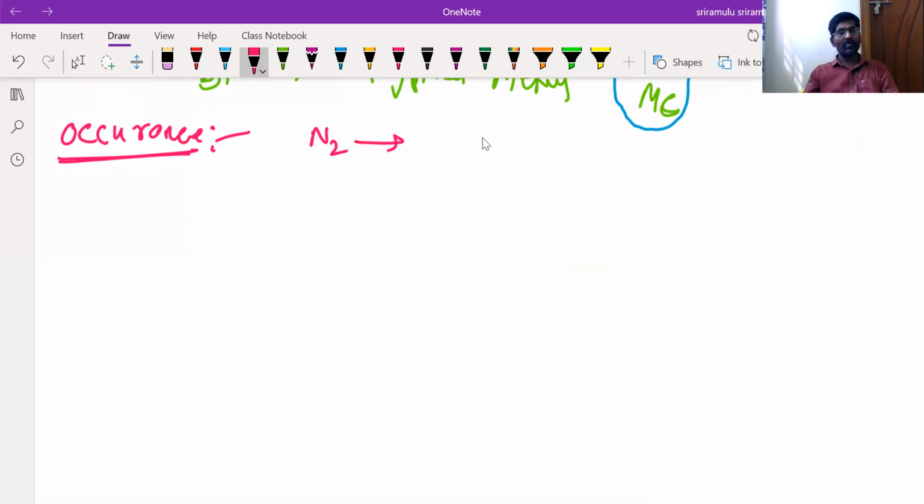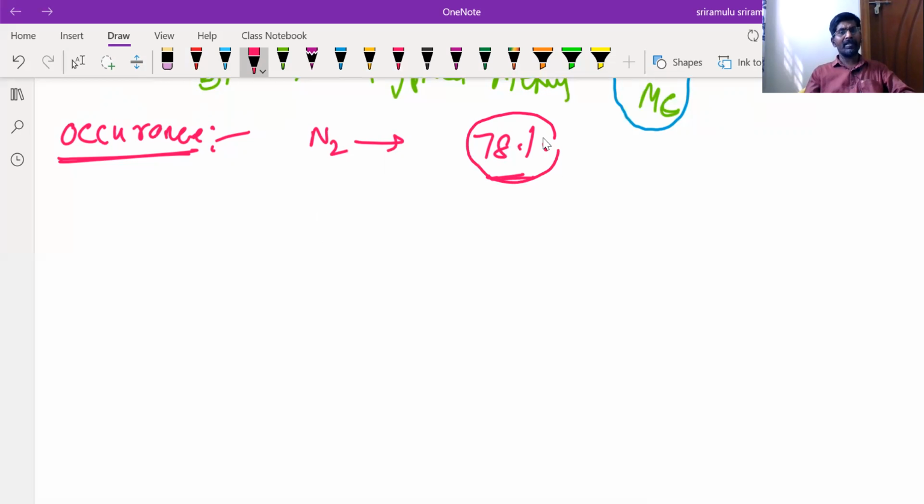How much amount does it comprise here? 78 percentage by volume in the Earth's atmosphere. That means nitrogen, which is available in the atmosphere, is 78 percentage by volume.